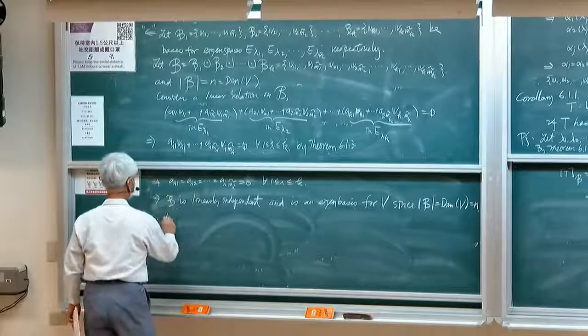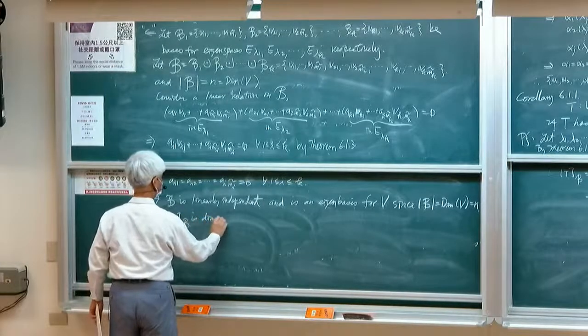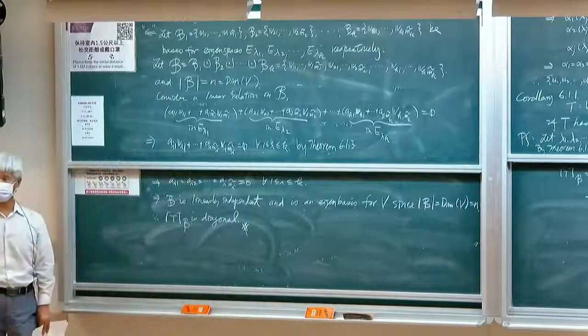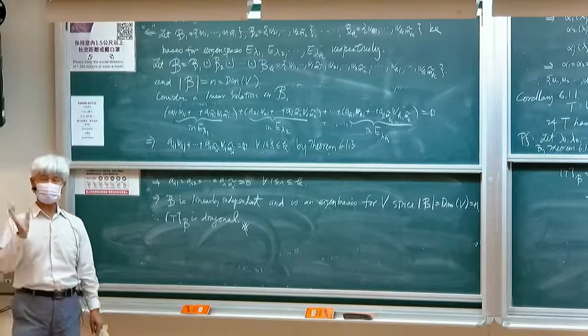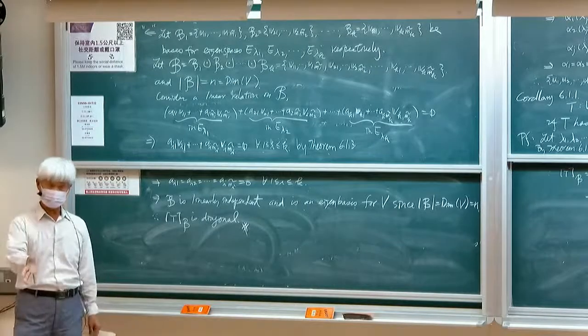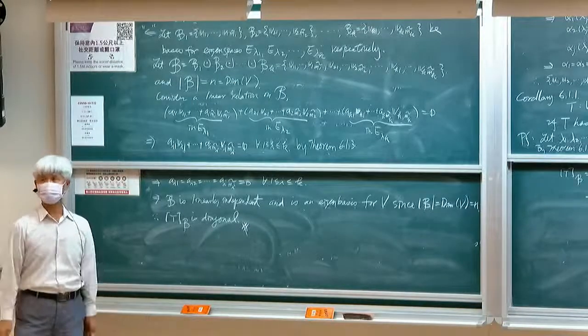And so it's diagonalizable. We have done the proof. Once we find an eigenbasis, then relative to this eigenbasis the matrix representation is diagonal. And we have done. That's it.